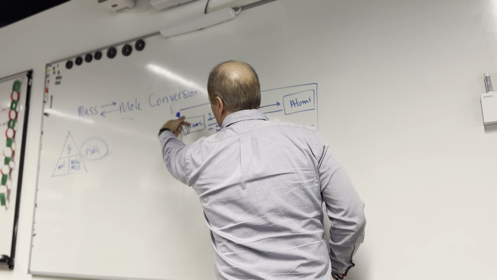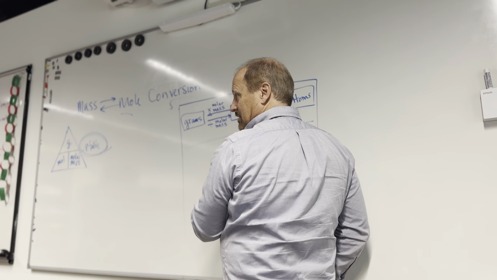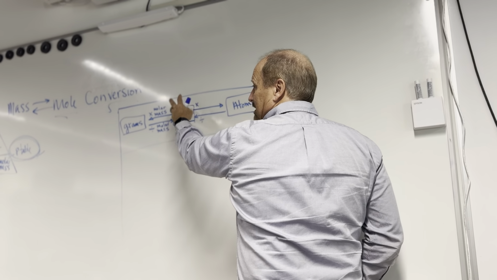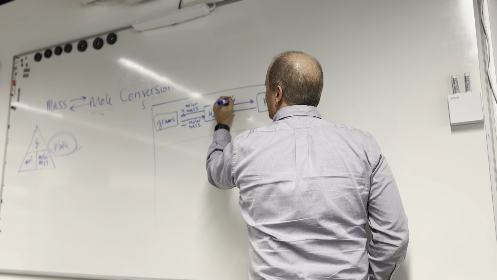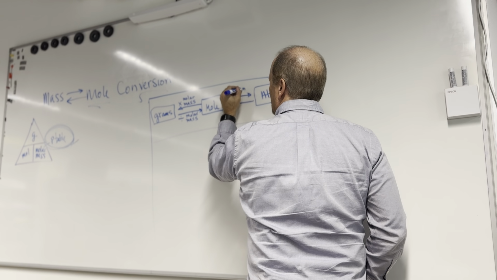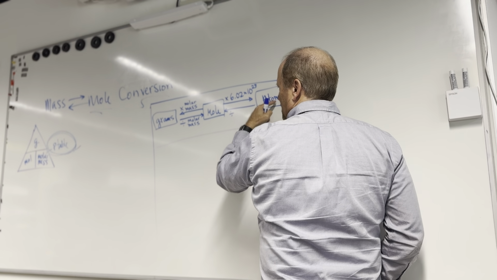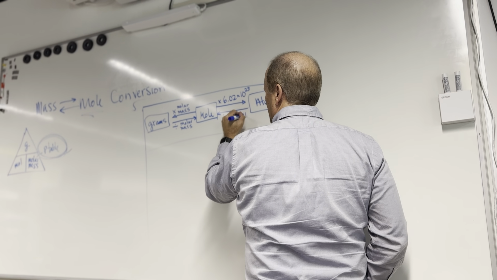If I'm going from grams to moles, we're dividing by molar mass. And from moles, which is just a number, to specific atoms, we're going to multiply by 6.02 times 10 to the 23rd. And if we go from atoms, the little pieces, into moles, we're going to divide by 6.02 times 10 to the 23rd.